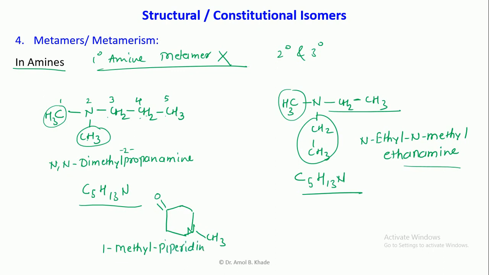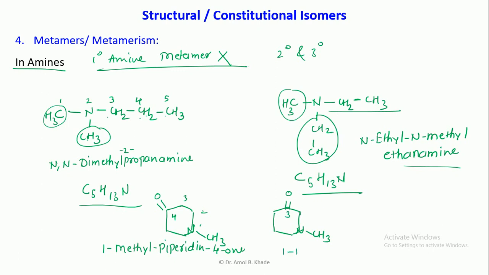This will be 1-methyl-piperidine. This is a saturated heterocycle, piperidin-4-one, because 1, 2, 3 and 4. Now I can arrange the same molecular formula in a different way. This C double bond O, I can take it at the third position. So what will be the name here?